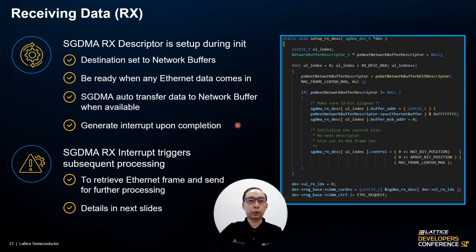Upon transfer complete, the DMA will generate interrupts. In the DMA RX interrupt handler, the handler will retrieve the Ethernet frame that was received and send it to the IP task for further processing. We shall look at more details in the upcoming slides.